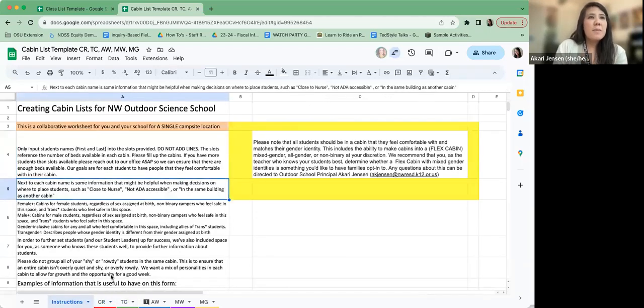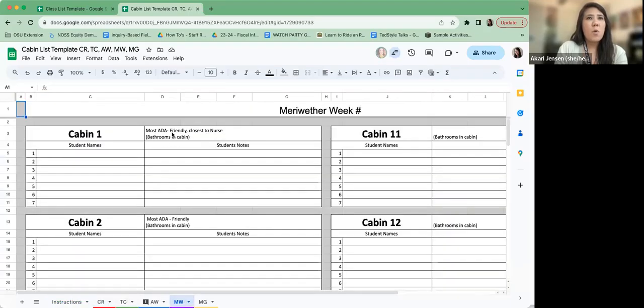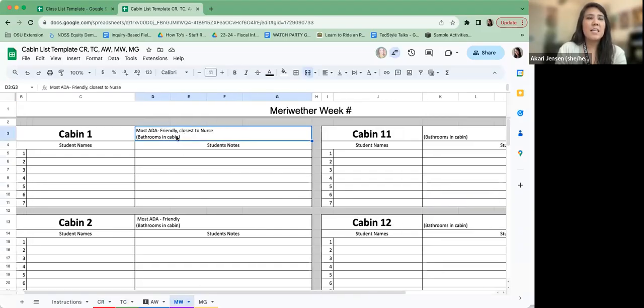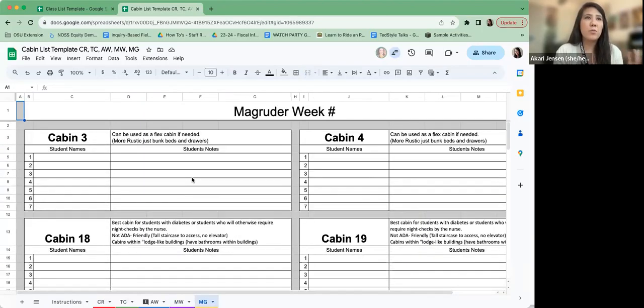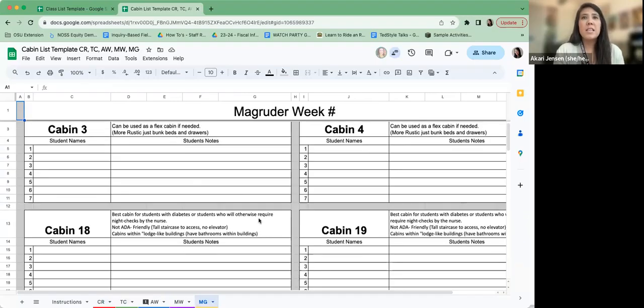So next to each cabin name, you have some other information that might be important while you're making some notes. So for example, I just went over to a Meriwether set of cabins. You'll see that there's some notes about most ADA friendly, closest to the nurse. There at Meriwether, there happen to be bathrooms in all of the cabins. At Magruder, for example, that is not the case.